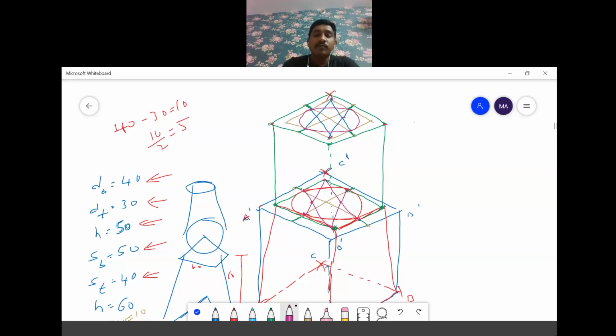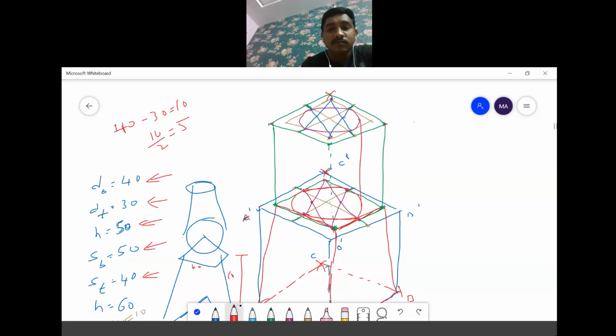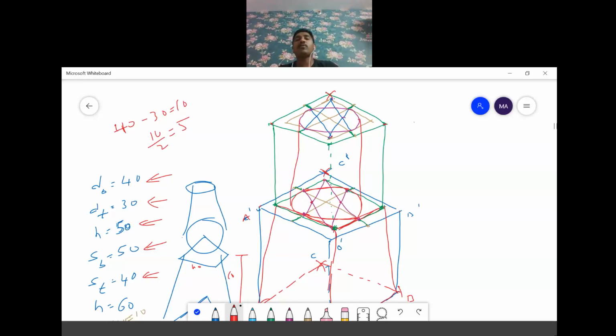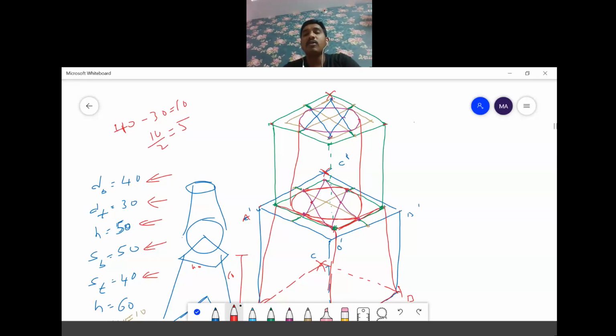I am joining these two circles. It will form a frustum of a cone, and this height is how much?